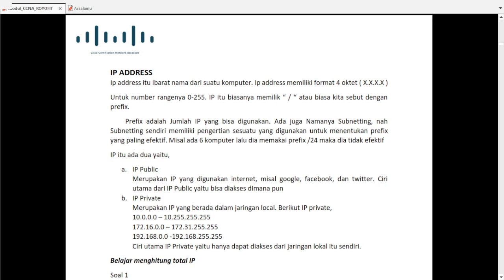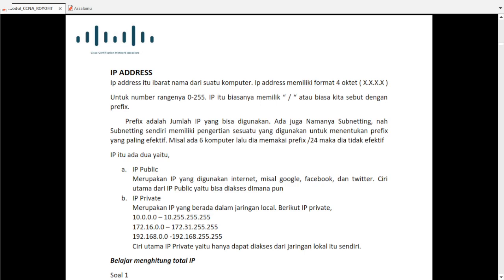For your info, an IP address has two main functions: first, to host and identify between networks, and second, as location addressing.